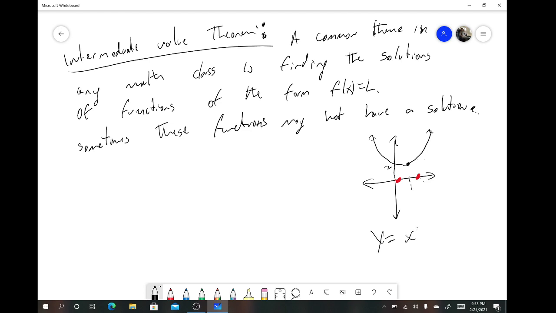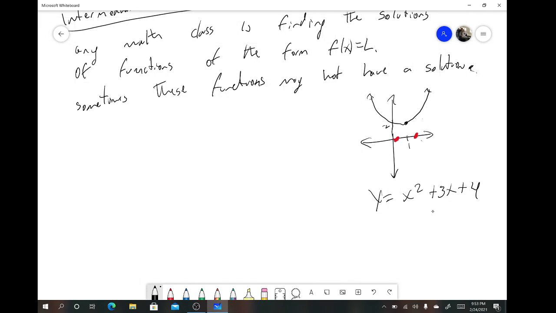Like if somebody gave you something like x squared plus 3x plus 4, and you try to find the zeros of this, you'll have a very difficult time because the solutions of this equation, when you plug in 0 for y to solve for the x-intercepts, do not exist in the real numbers. They're imaginary.